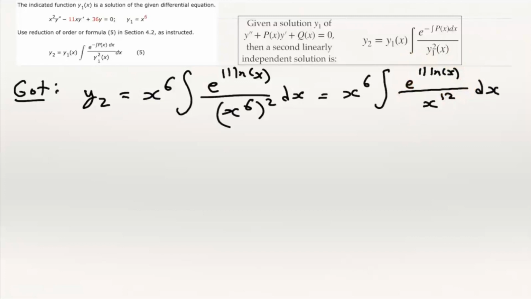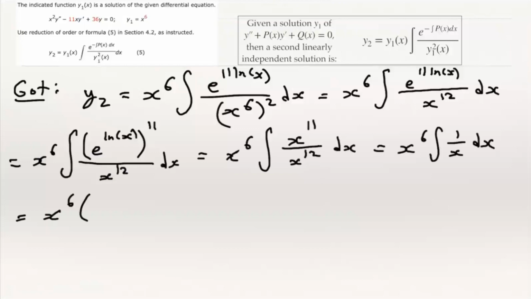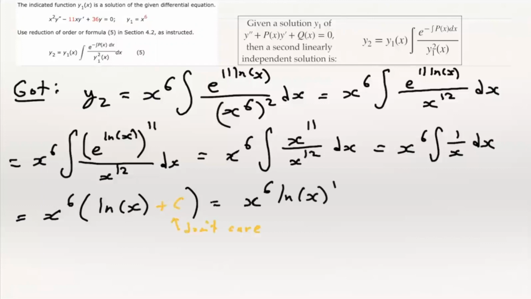You can see it's a theme. It will occur a lot in reduction of order, just as it did with integrating factors. So e to the 11 ln x is the same as e to the ln x, all to the power of 11. So e to the ln x is x, so we have x to the 11 over x to the 12 dx, which becomes that. And integral of 1 over x is ln x plus c, don't care. Same reason, it gets absorbed in the ultimate solution, we just need one anyway. So we have x to the 6th ln x is our other solution.